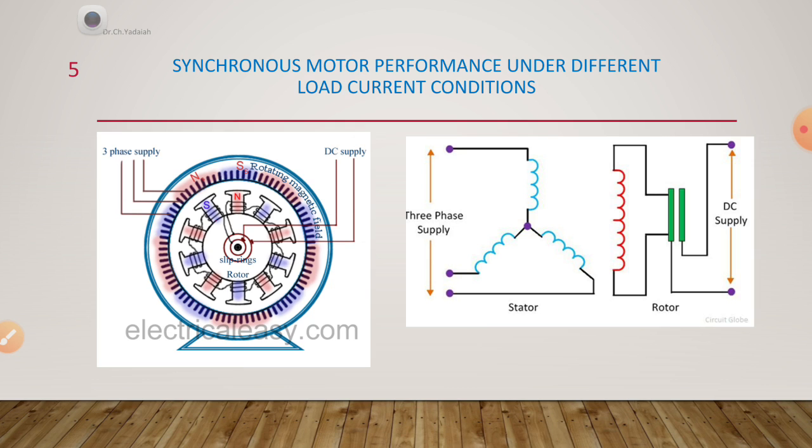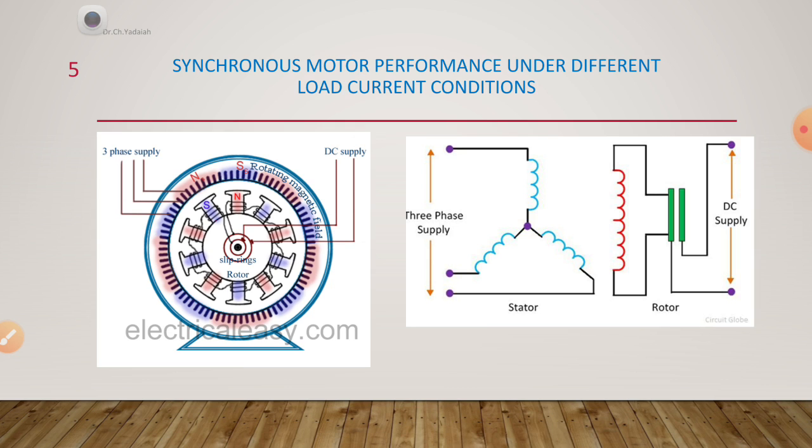Whereas in case of synchronous motor, the back EMF is induced in the armature, that is in the stator, due to the flux of the rotor. Due to the rotor flux, an EMF is induced in the stator, that is known as the back EMF.